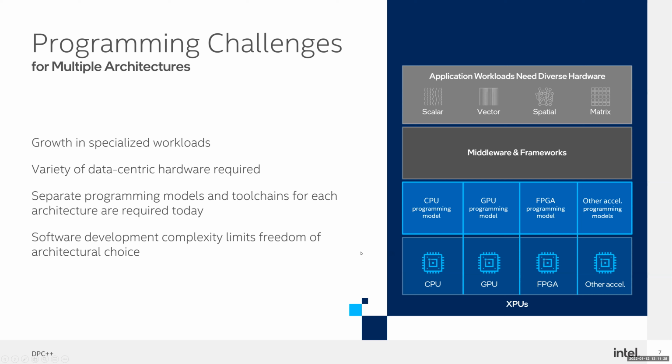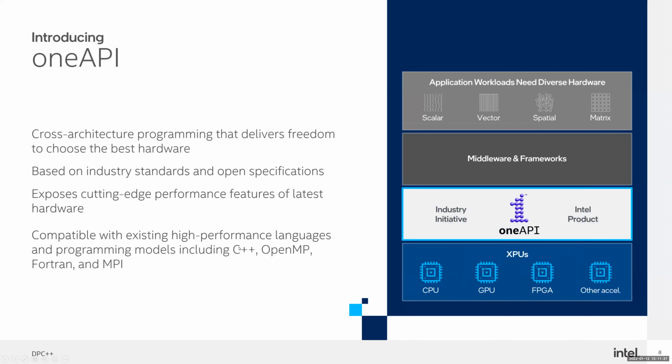And this was a problem, and that's one of the reasons a couple of years ago Intel introduced the oneAPI industry initiative. Mainly it's a set of programming languages, tools, and libraries that work across all the different hardware: CPU, GPU, FPGAs, and other accelerators, what we call the XPUs, right?